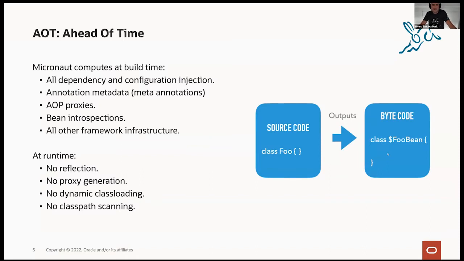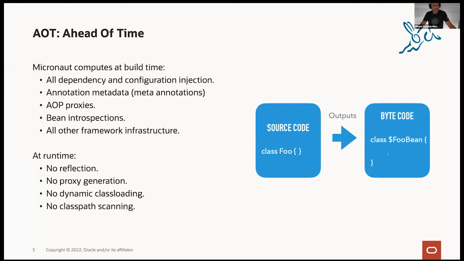So the core of the framework is a dependency injection framework, and we have the typical annotations to do dependency injection and everything like that. So as an annotation-based framework, we compute all the infrastructure, all the necessary beans, the metadata, AOP proxies at build time, as opposed to, for example, doing that at runtime.